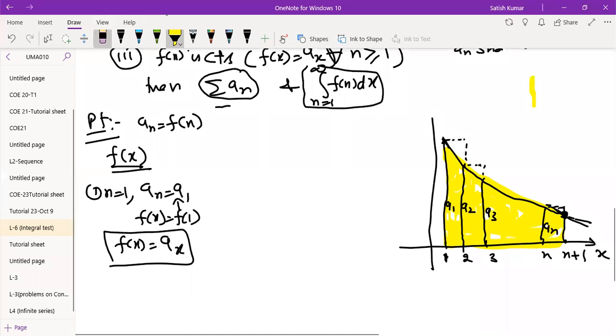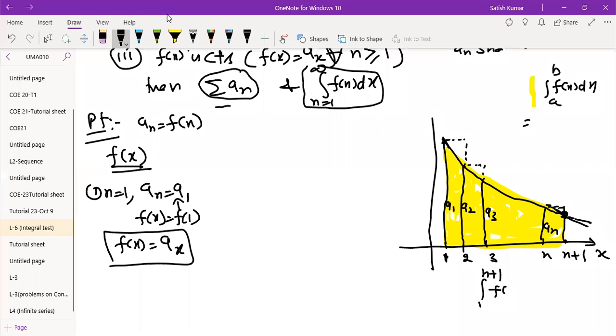We know the geometrical interpretation of the integral of f(x) dx from a to b, if f(x) is continuous above the x-axis. It gives the area bounded by the curve f(x), the x-axis, between a to b. The same is the case with this integral. If we take 1 to n plus 1, this area is given by the integration from 1 to n plus 1 of f(x) dx. I've shown some yellow area. This yellow area corresponds to this integral. This whole area can be given by this integral. Now just see what is the area of this rectangle.